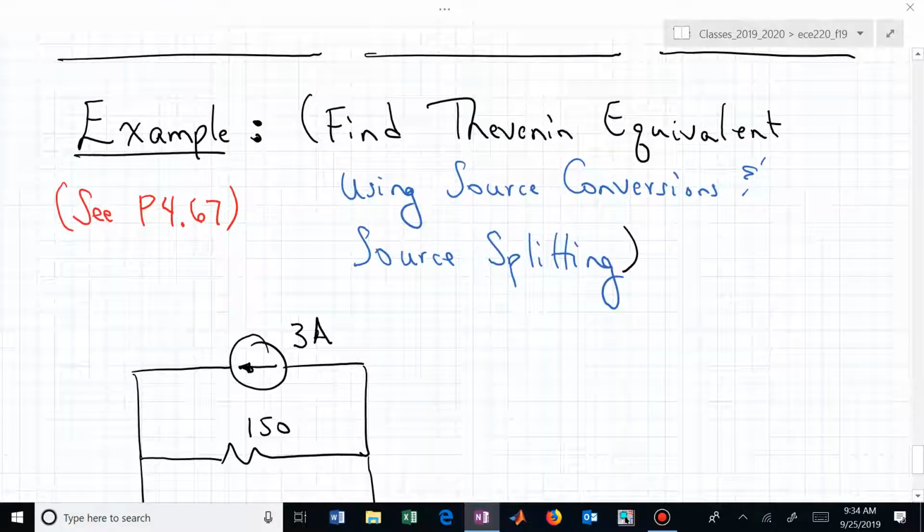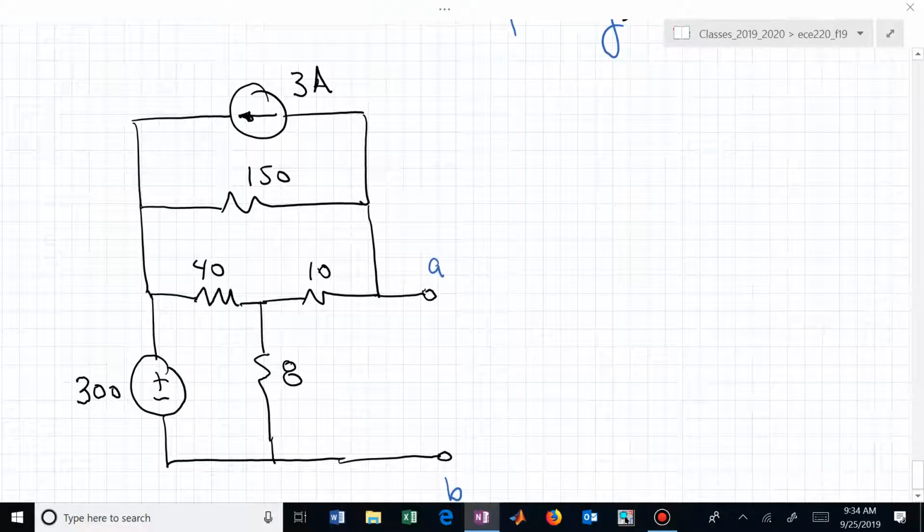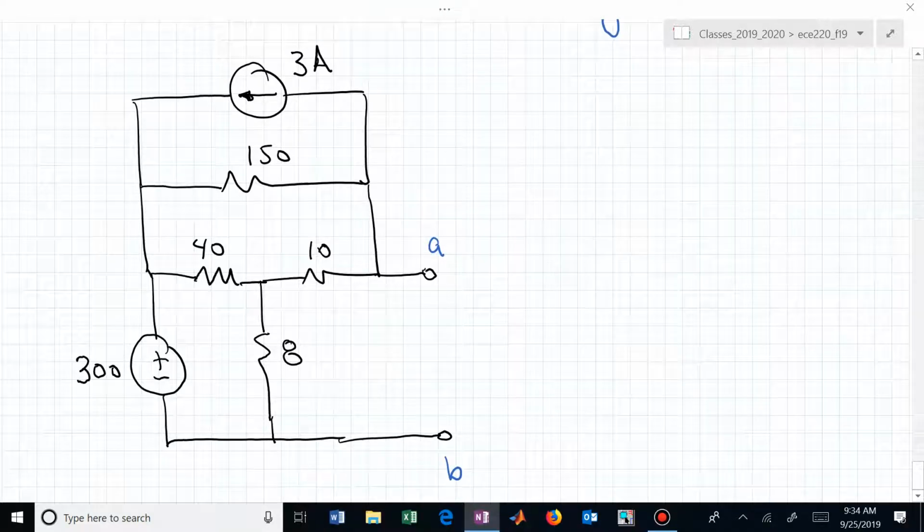This particular circuit is a problem in Chapter 4, in particular problem 67. We have two sources. One's an independent current source, one's an independent voltage source, and some resistors interconnected.